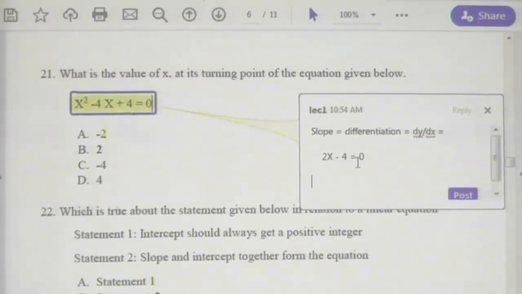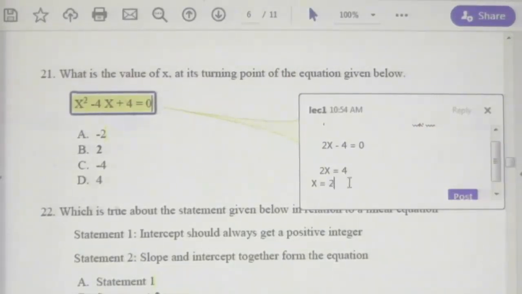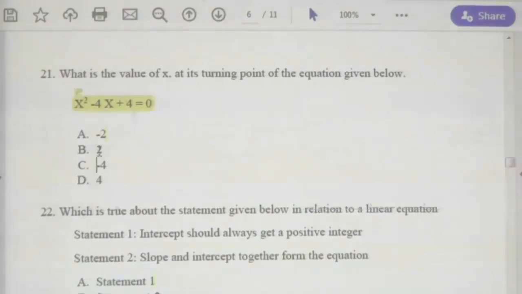We isolate 2x equals plus 4, when the minus 4 comes to the other side. Therefore, x equals 2. The answer is 2. The answer is B.